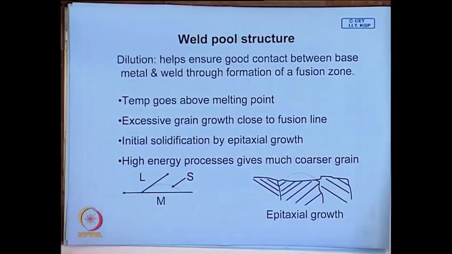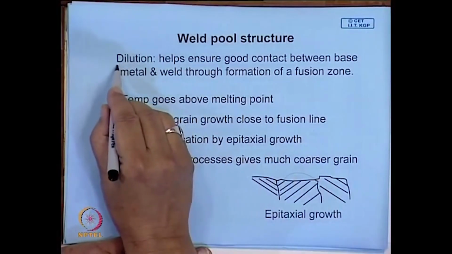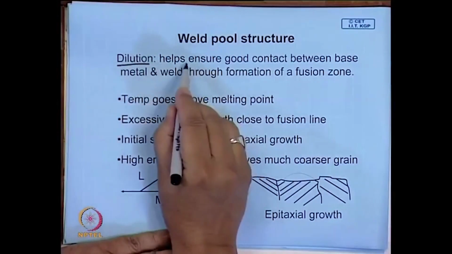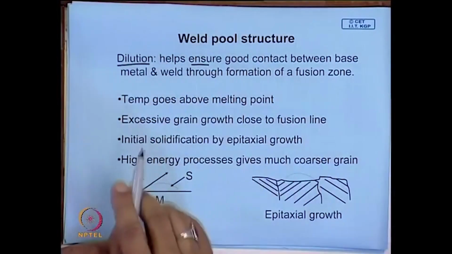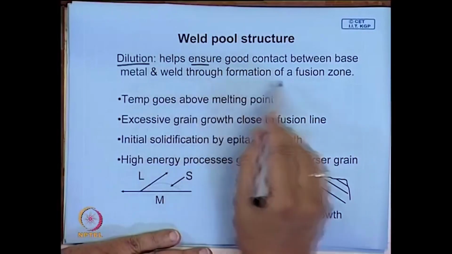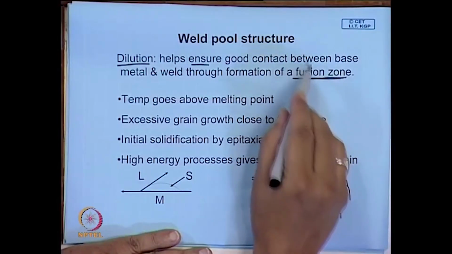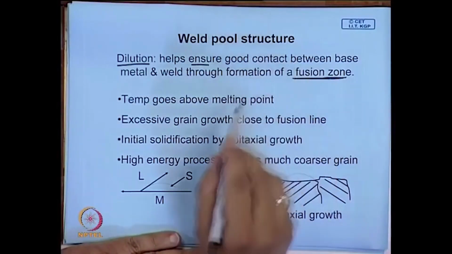Now, if you look at the weld pool structure a little carefully, here the dilution plays an important role. It helps ensure good contact between base metal and weld through formation of a fusion zone. That means a part of the base metal also melts, mixes with weld metal and solidifies.